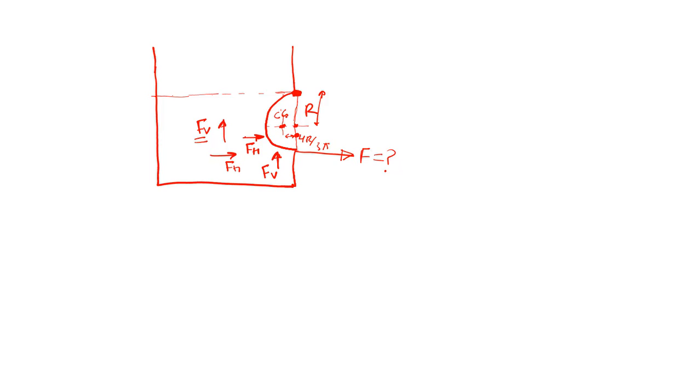So now if I try to balance the moment, F into 2R, this is in the anticlockwise direction, plus FH into h bar, that is the center of pressure from the free surface, equals FV into 4R upon 3 pi.